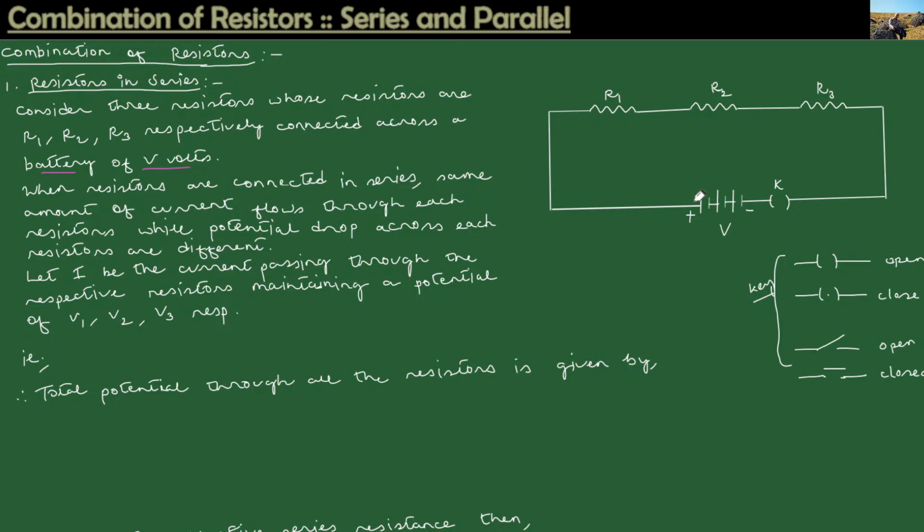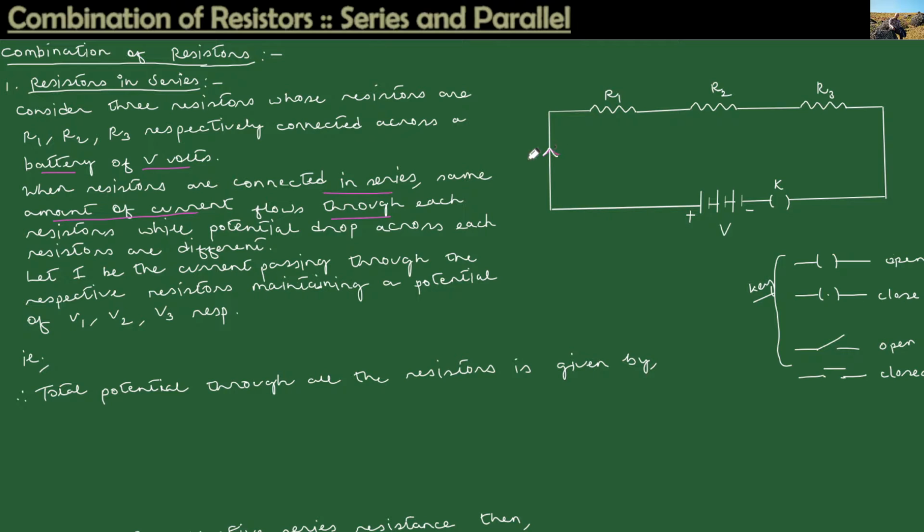Now over here, when we have this battery, we know that this battery will be sending electric current through all these resistors, and keep in mind that when these resistors are connected in series, the same amount of current will flow through each of the resistors. So let I be that current which flows through the resistors.